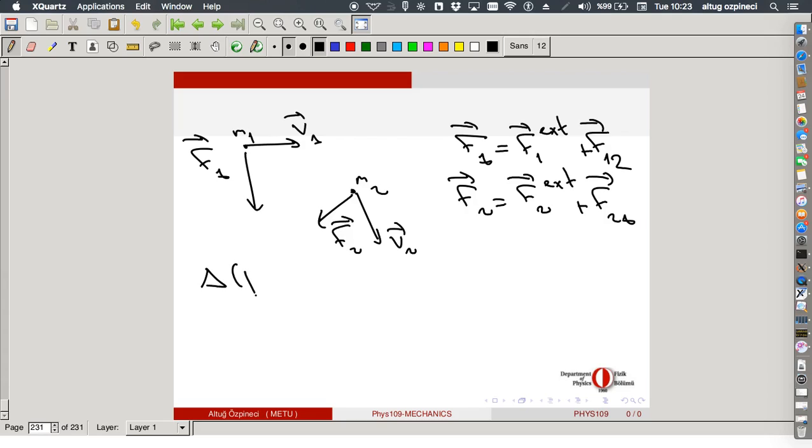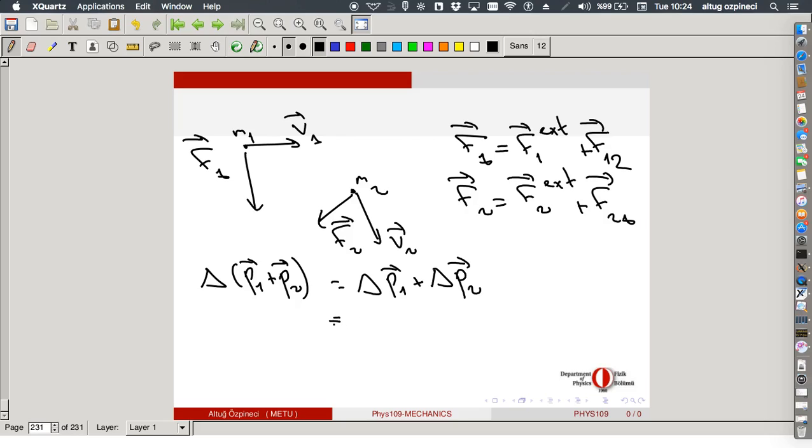Now let's look at the change in the total momentum of my system. Well, I will be basically repeating my previous discussion, just taking into account that now there's some external force. This will be equal to the change in the momentum P1 plus the change in the momentum P2. Let's say that we are studying our system for a very small amount of time, and I'm looking at the changes in momentum within that small time.